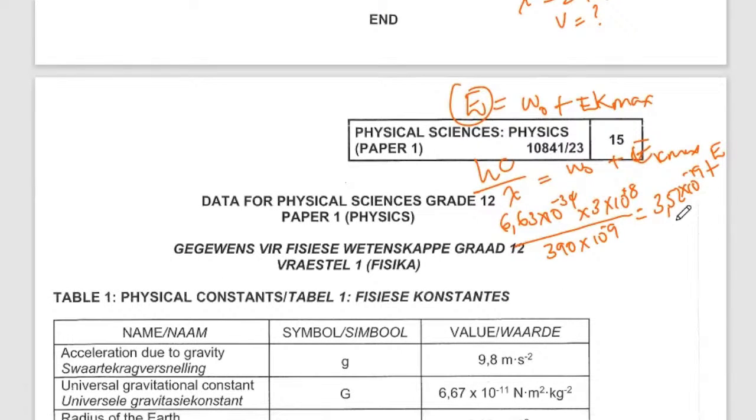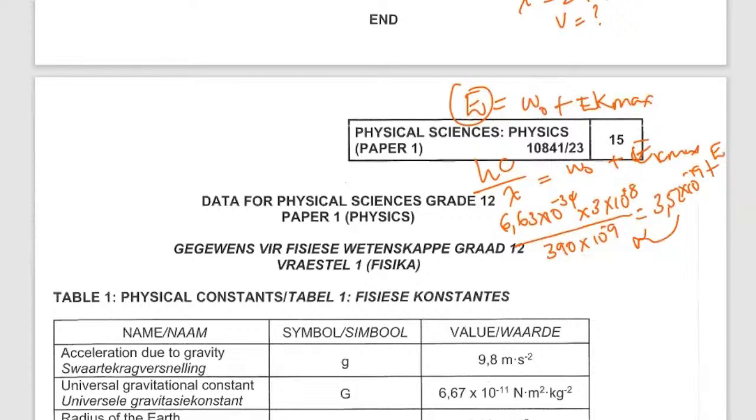So I have 6.63 times 10 to the negative 34, times 3 times 10 to the 8, that's the speed of light, over 390 times 10 to the negative 9.